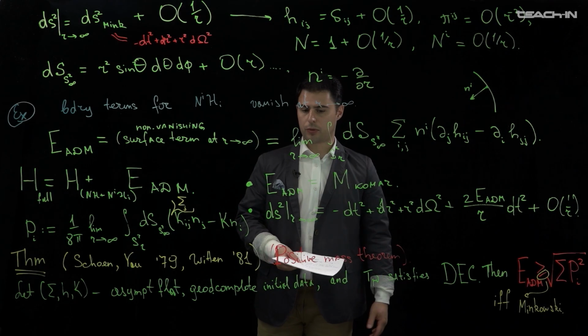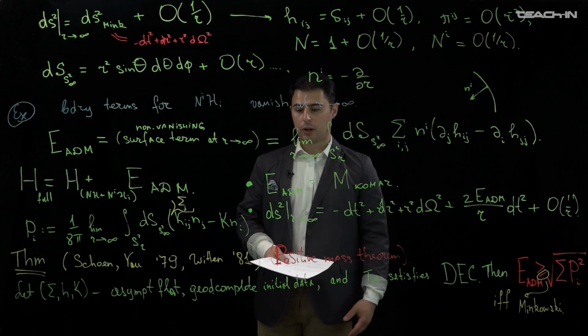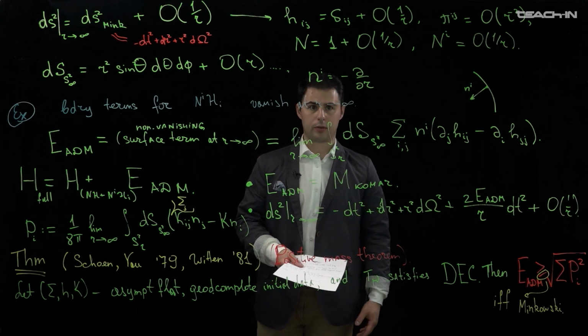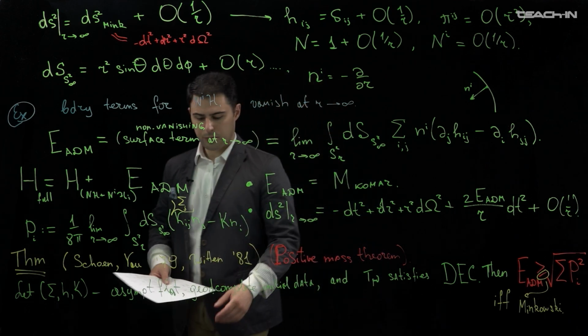So the natural consequence of the positive mass theorem is the Lichnerowicz theorem of the absence of gravitational solitons in the vacuum case.